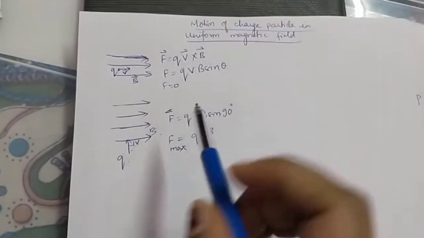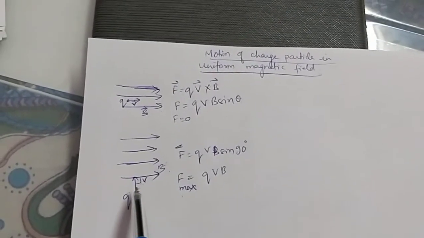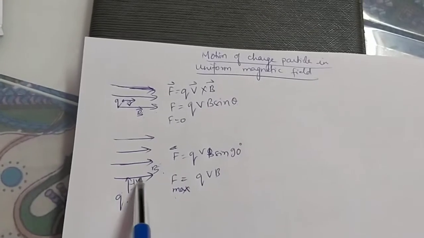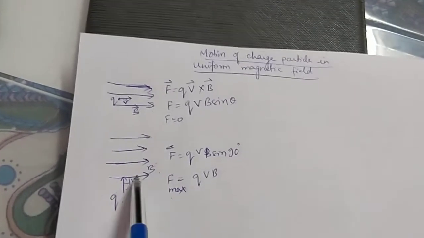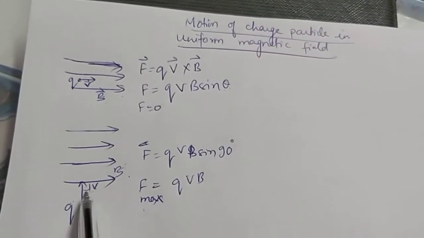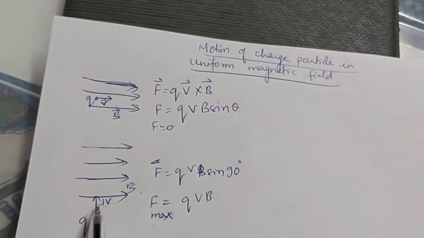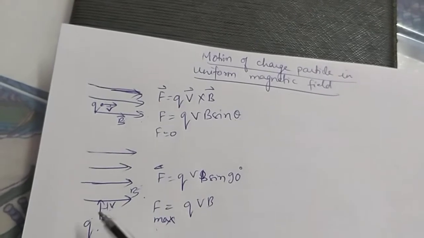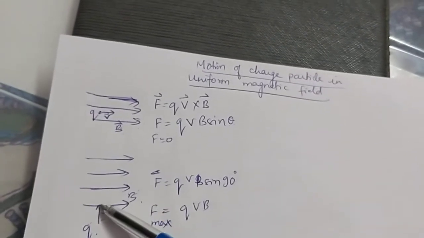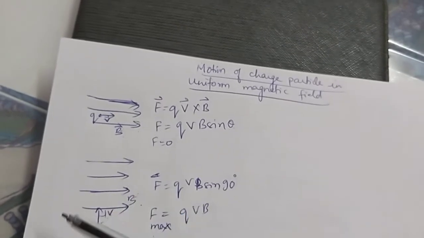Now see, remember from 9th class, or maybe 11th class, whenever force is perpendicular to velocity, the direction of velocity will change, but the speed will not change. So it will follow uniform circular motion. How? Now it is going this way, and the force will be perpendicular.